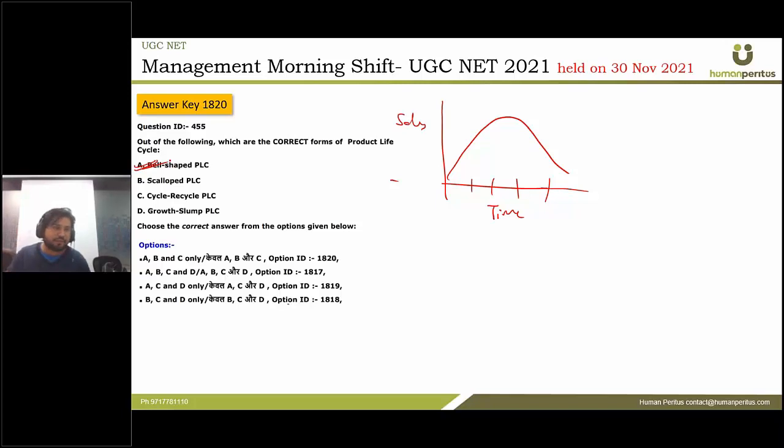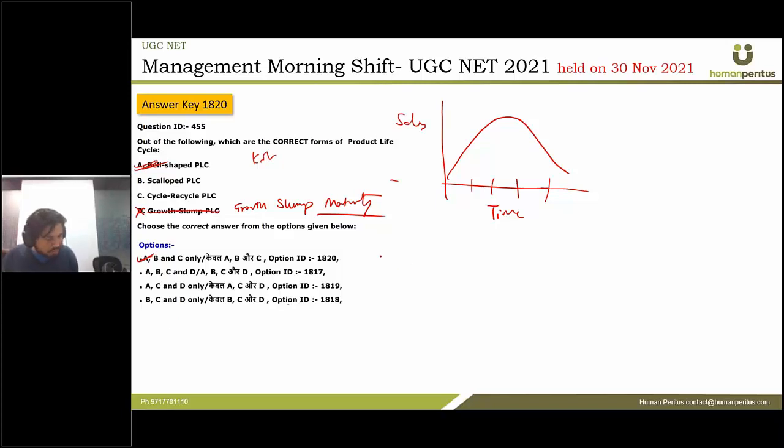Now there are 3 specific patterns also provided in the Kotler book: scallop, cycle-recycle, and growth-slump-maturity pattern. The word maturity is missing in statement D, therefore D is not correct, and the correct answer is A, B, and C.